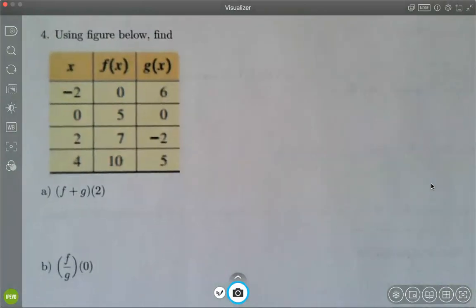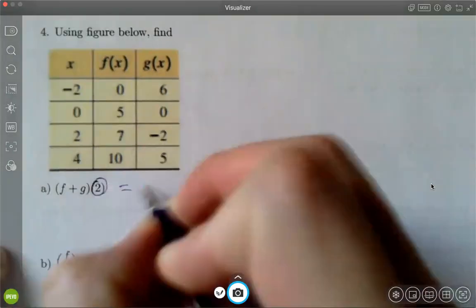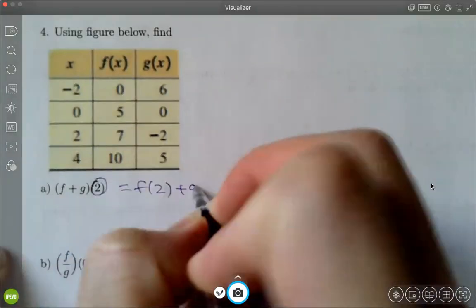So now this is the next problem. Using the figure below, find f plus g of 2. Okay, so now here you are given some tables of x and the outputs for f and g. Now, f plus g of 2, remember that number is the input, so it's f of 2 plus g of 2, right?